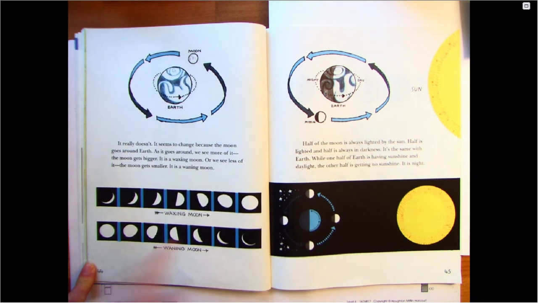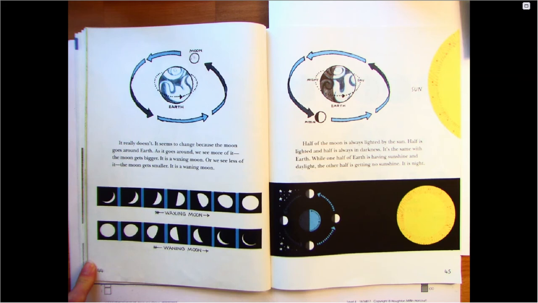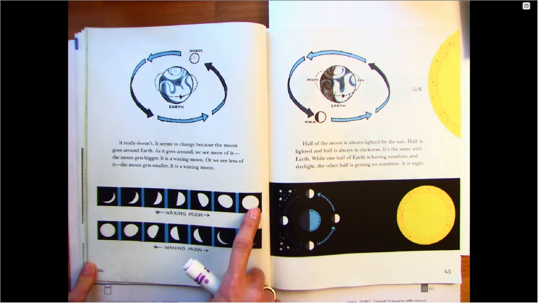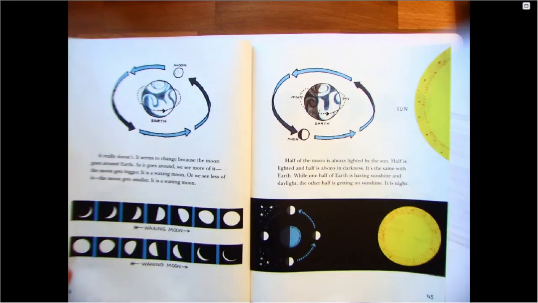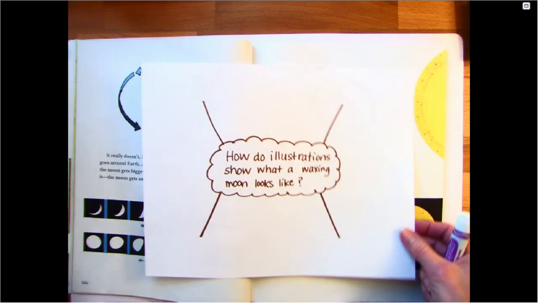So I'm going to take that question that I just asked you. How does this row of illustrations show what a waxing moon looks like? The illustrations show the moon changing, like I said, from a crescent moon up to a full moon. So I'm going to take my chart here, and I wrote my question right in the center.